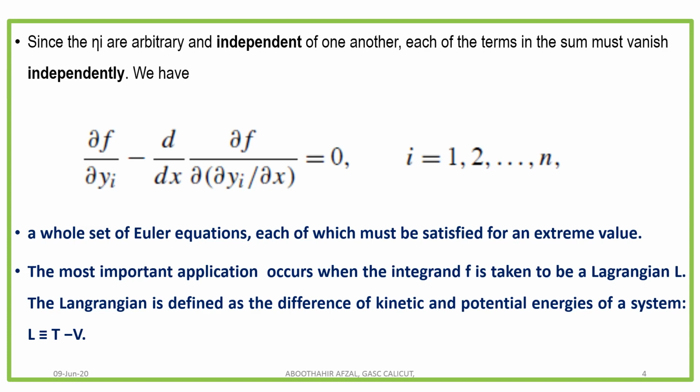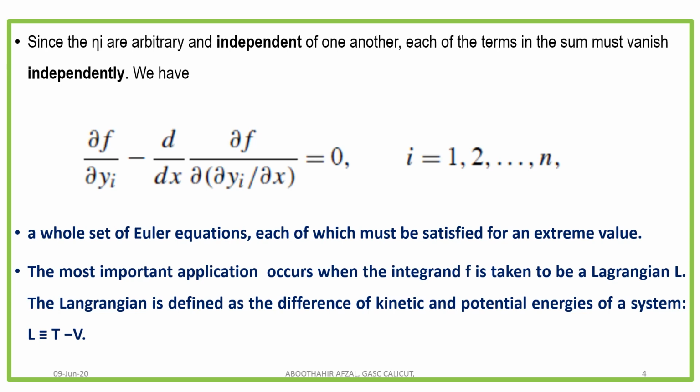And we know the eta_i are arbitrary and independent of each other, so the terms outside the bracket cannot be 0. Only the term inside the bracket has to be 0, because eta is not 0 and dx is not 0, since they are arbitrary and finite. Each of the terms inside the bracket has to be 0.